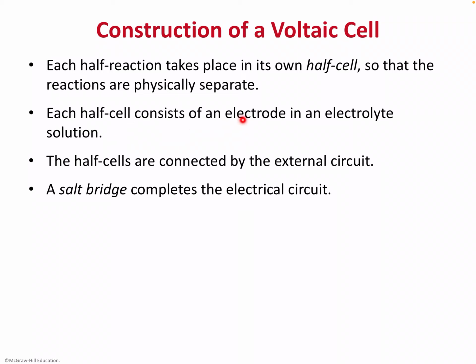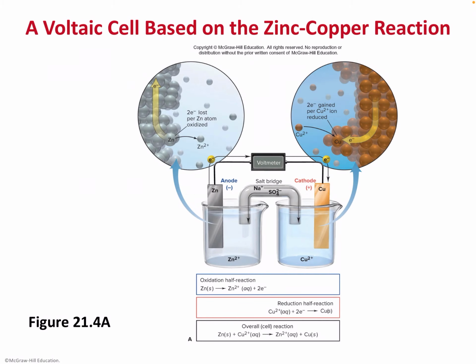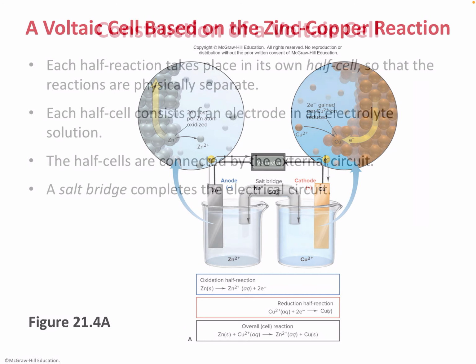We need an electrode, which is a piece of metal, and the electrolyte solution that contains the same metal. The half cells are connected by the external circuit, and then we also put a salt bridge to complete the electrical circuit. Let's look at all these components in this diagram, and this is a Voltaic cell based on the zinc copper reaction.